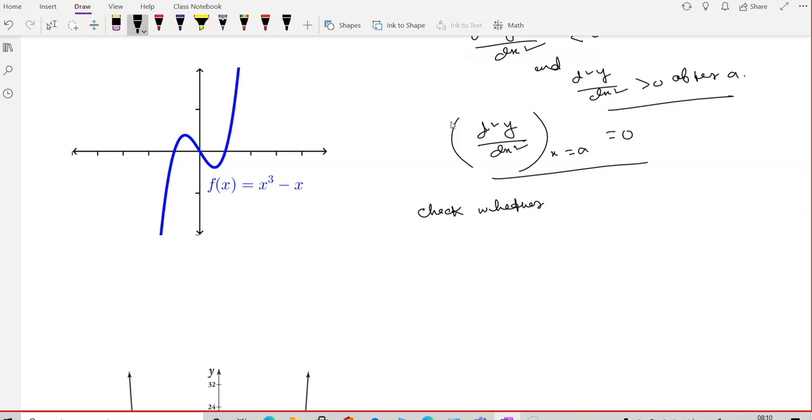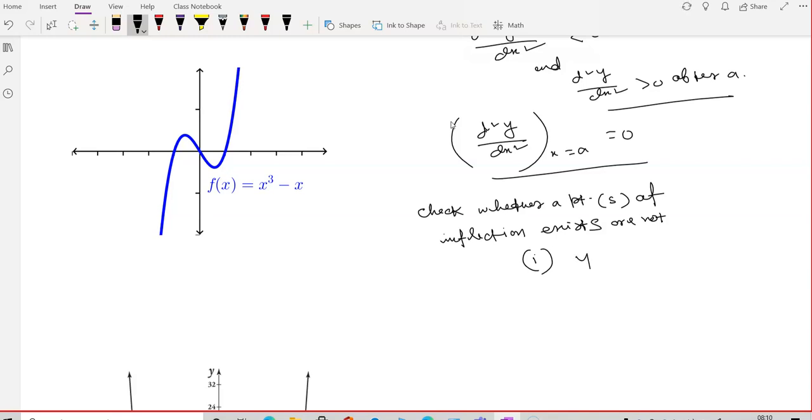Although they are related, strictly we are finding it now. Check whether a point or points of inflection exist or not for the following curves.